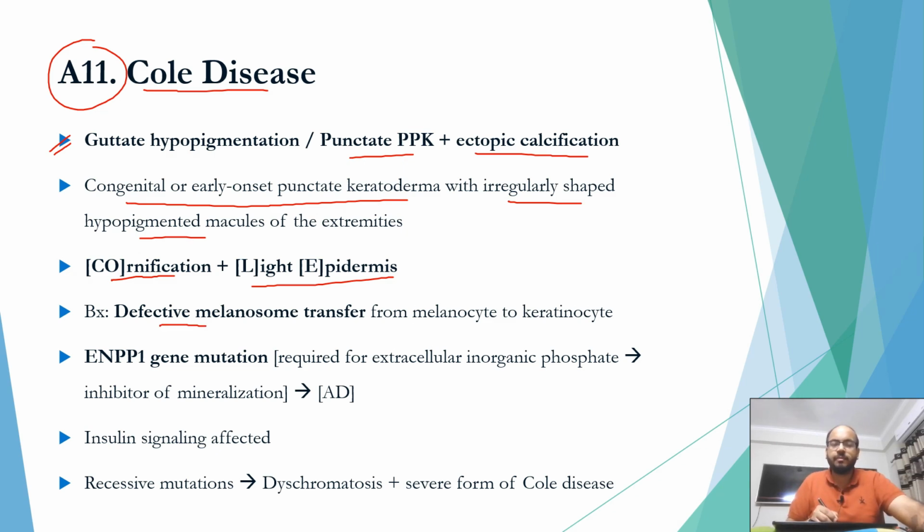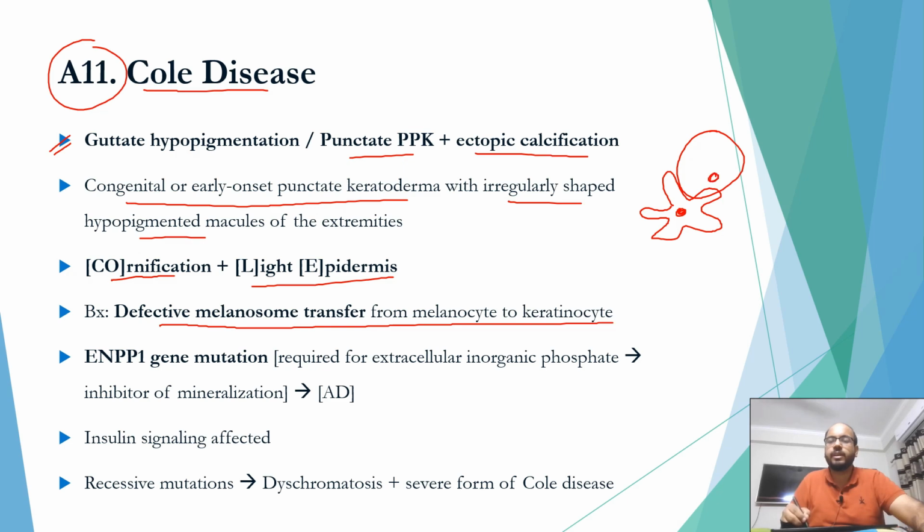That means you have decreased pigmentation in the epidermis. Biopsy shows defective melanosome transfer from melanocytes to keratinocytes. If you go through our video on melanogenesis, we know that melanocytes form melanin and transfer it to keratinocytes.